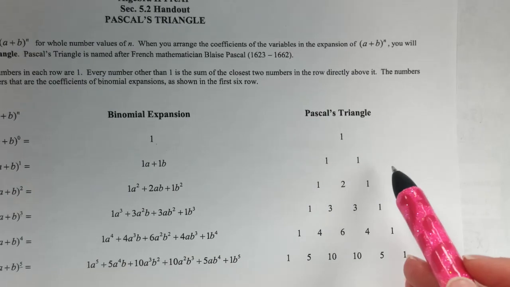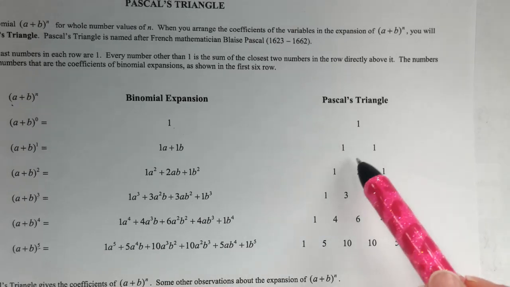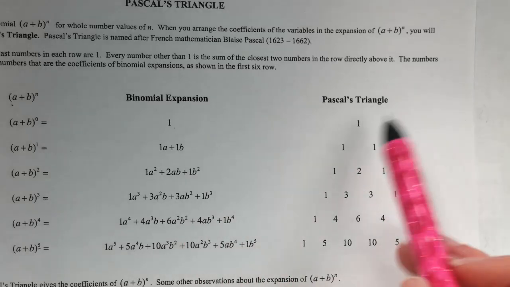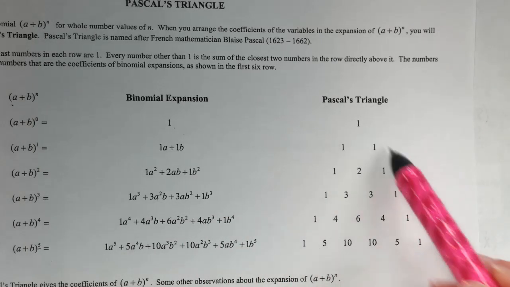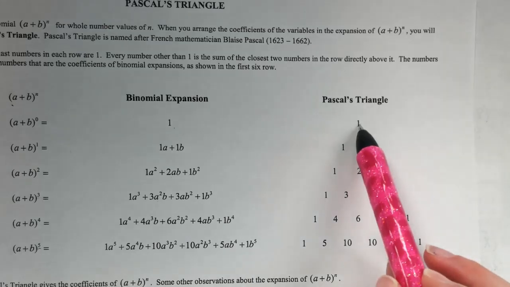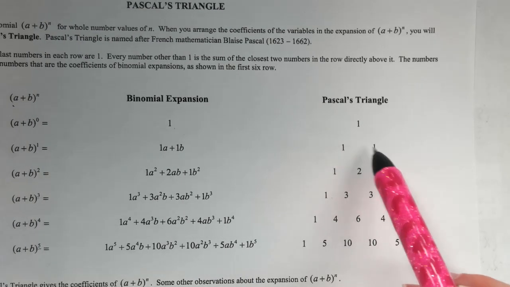Then we're going to look at the actual triangle. So Pascal's triangle consists of the coefficients of each row. So if you look, you start and end each row with a 1. So anything to the 0 power is 1. Anything to the first power was itself, so a plus b.